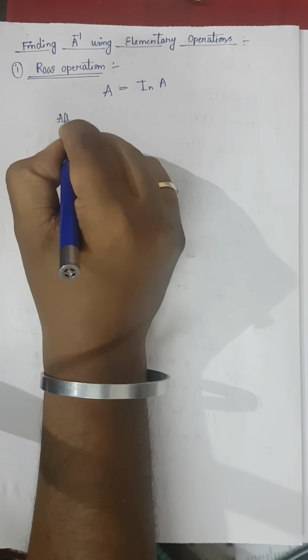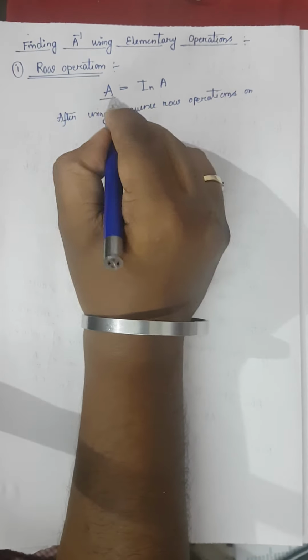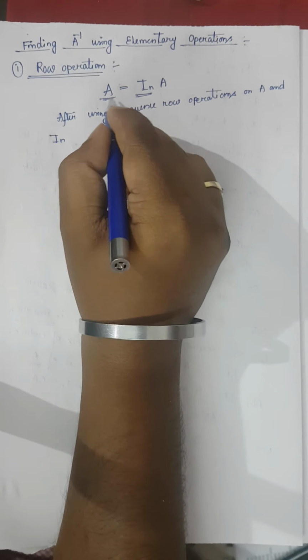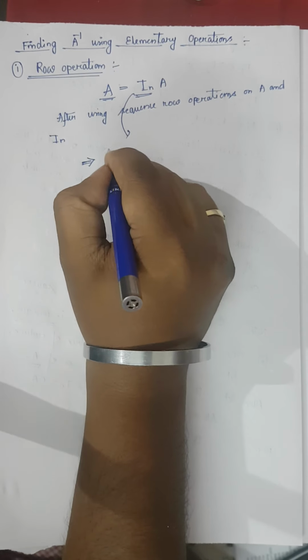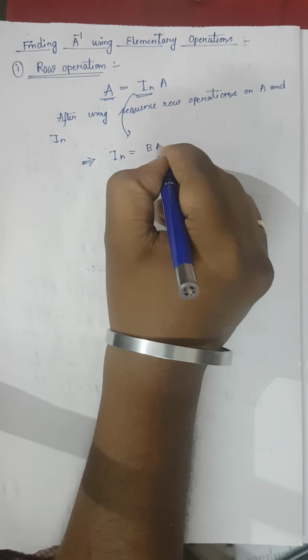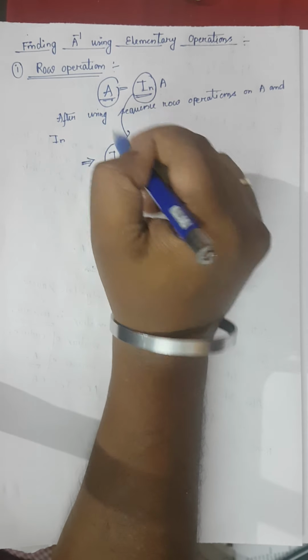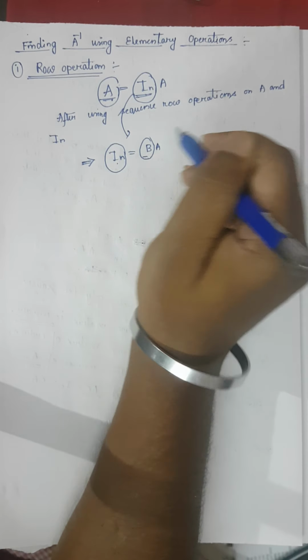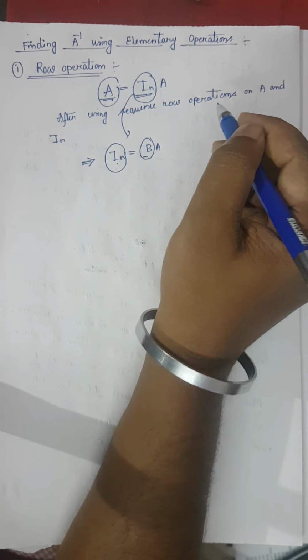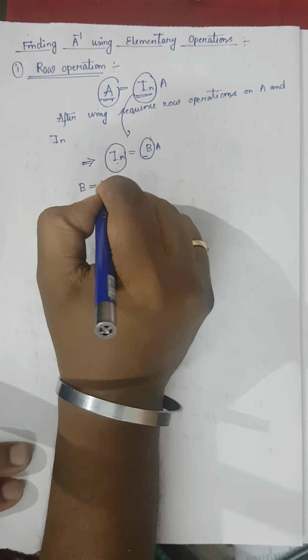on the matrix A and In, we convert this equation as In is equal to B into A. We operate on this matrix and this matrix to convert this equation into In and this as another matrix B. Our main motto is to make it an I matrix, and automatically it will become another matrix B. So we'll convert the equation into In is equal to B into A. Then we call B is equal to A inverse.